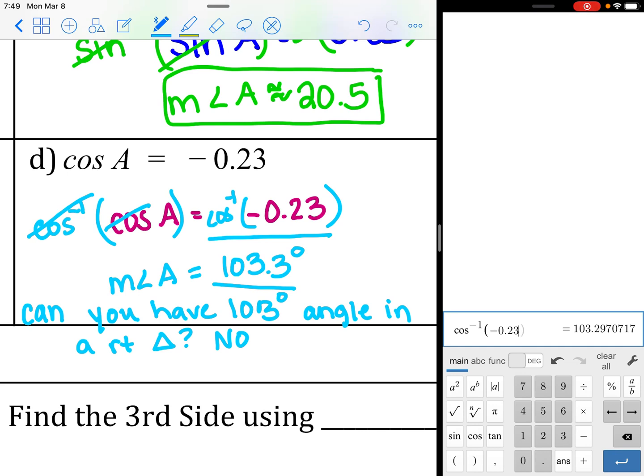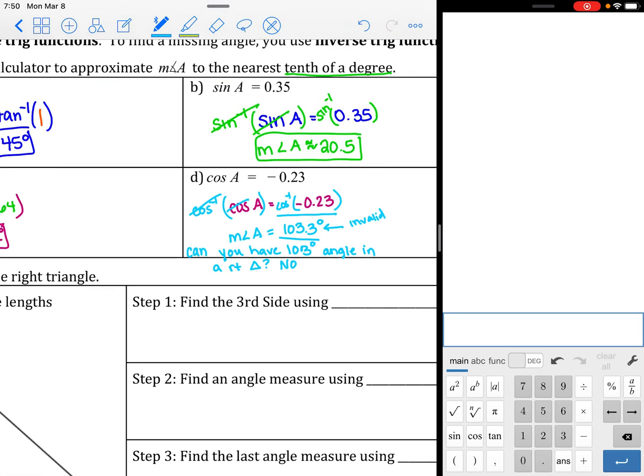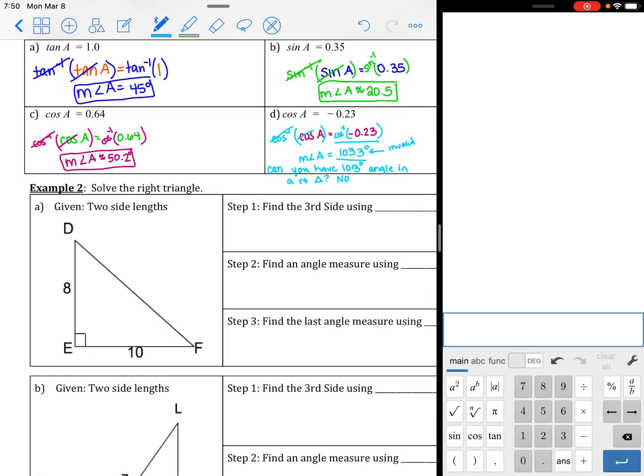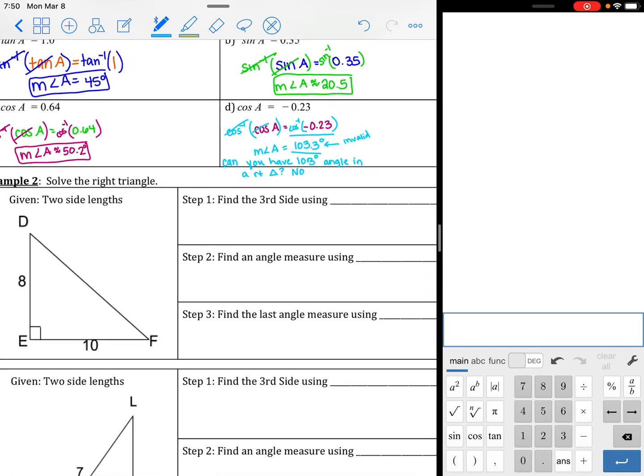It's going to create too big of an angle to be part of a right triangle. So this is an answer. This is what the calculator gave us, but it's kind of invalid because it doesn't really make sense in terms of right triangles, which we're working with right now. So if you get an answer that's bigger than 100, that's kind of a sign that something's going wrong.